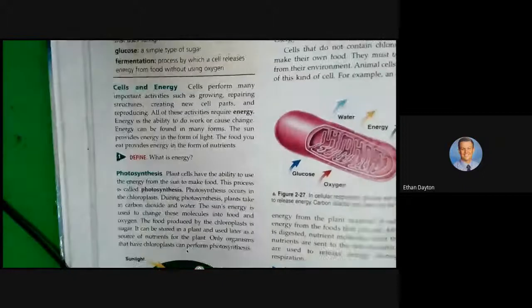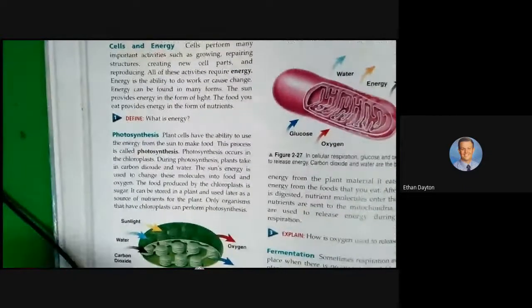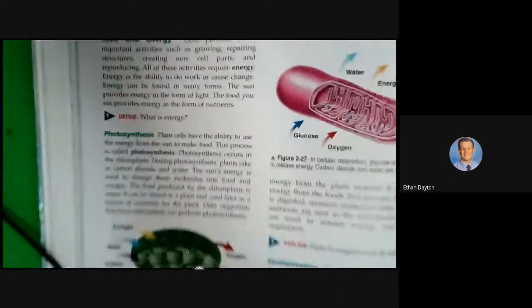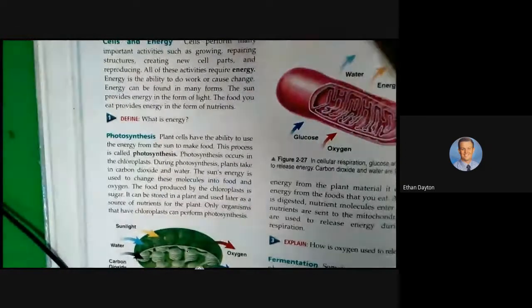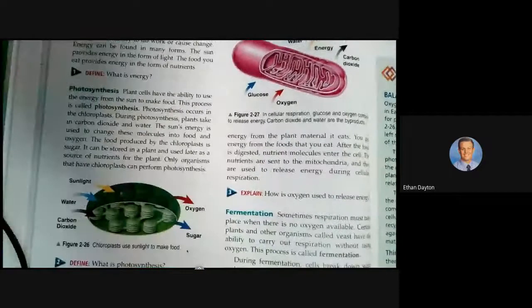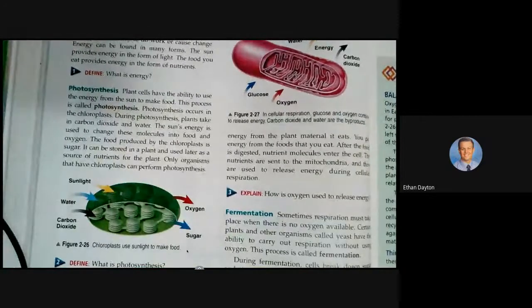So moving on to photosynthesis. We talked about this in great detail on both Monday and Tuesday. And there are resources for you to learn more about that online if you so choose. Photosynthesis. Plant cells have the ability to use the energy from the sun to make food. This process is called photosynthesis. Photosynthesis occurs in the chloroplast. We knew that, right? During photosynthesis, plants take in carbon dioxide and water.